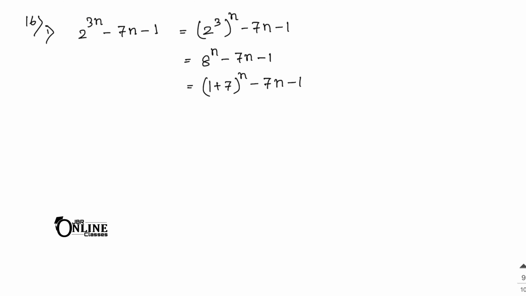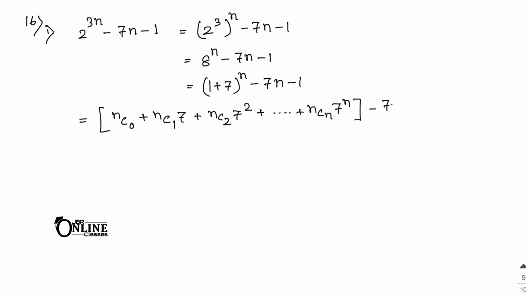Now just put down the expansion of (1 plus 7) to the power n. It will be nC0, then 1 to the power n, that means 1, and 7 to the power 0, that also means 1. Now next one nC1 into 7, nC2 into 7 square, dot dot dot, in this way nCn 7 to the power n.